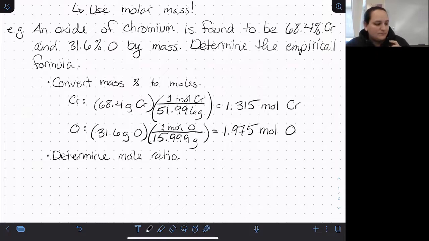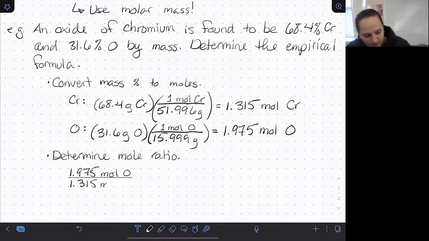Generally we want to take the bigger one and divide it by the smaller one. If there's more than 2 elements, you'll end up determining multiple ratios and have to put them together at the end. But for this one, you just have one relatively simple one. So if we divide the bigger by the smaller, we have 1.975 moles of oxygen for every 1.315 moles of chromium.